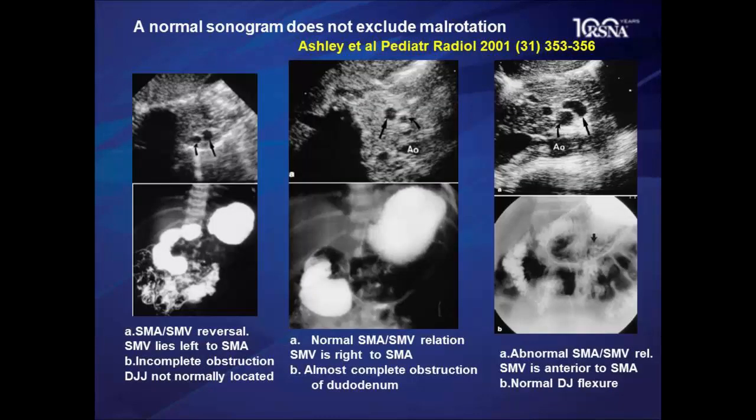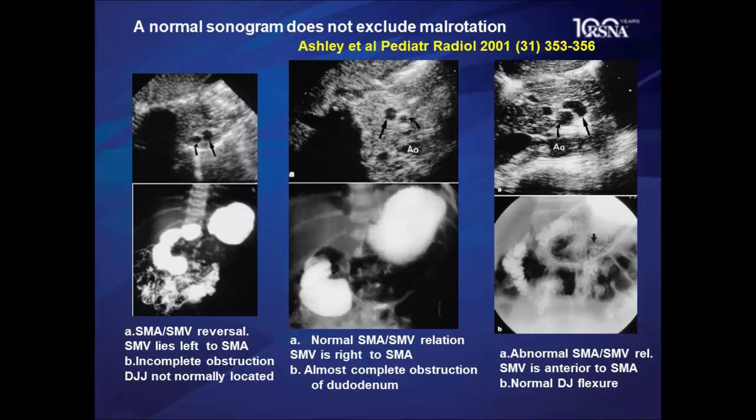Now, a caveat, because with the advent of ultrasound, people were hoping that with ultrasound we clear the problem. It's not real. For instance, I'll show you that a normal sonogram does not exclude malrotation. It gives us a false sense of confidence. For instance, in this case, the vein and the SMA are reversed in positioning.